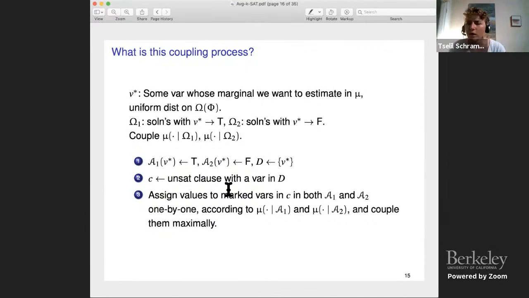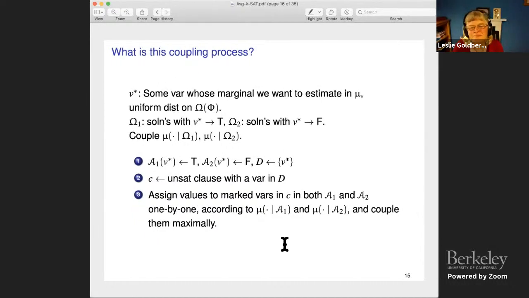Yeah, I just had another question. So it seems like this method is also relying on the fact that many variables have marginals really close to 1/2. But at really high densities close to the threshold, we don't expect that to be the case anymore, correct? So like, is there really hope that this method can go all the way? Probably not.